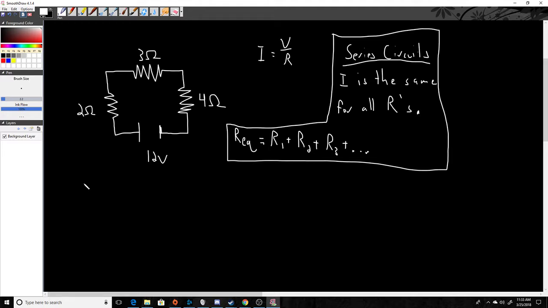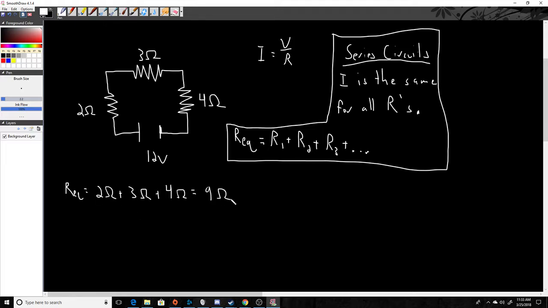If I were to write stuff down on a note card, this would be it. So if I want to know the equivalent resistance for this circuit, I've got 2 ohms plus 3 ohms plus 4 ohms. This is some very basic math. I'm not even going to get out a calculator: 2 plus 3 is 5, plus 4 is 9 ohms.